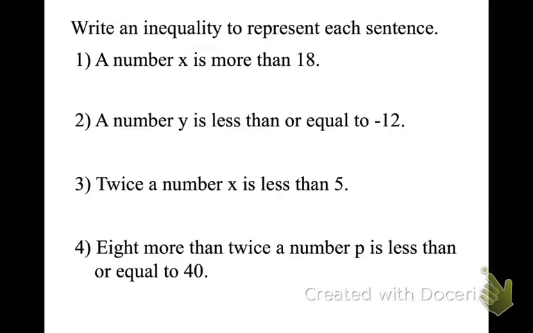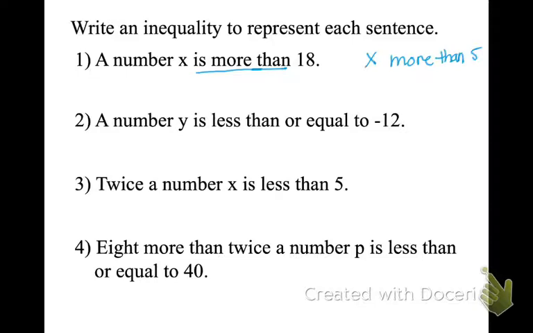So let's get back into our translating. Now we're going back to section 1, which is write an inequality to represent each sentence. So when we see a number, before we would have x more than 5. I'm going to compare these two. The difference is this has is more than.